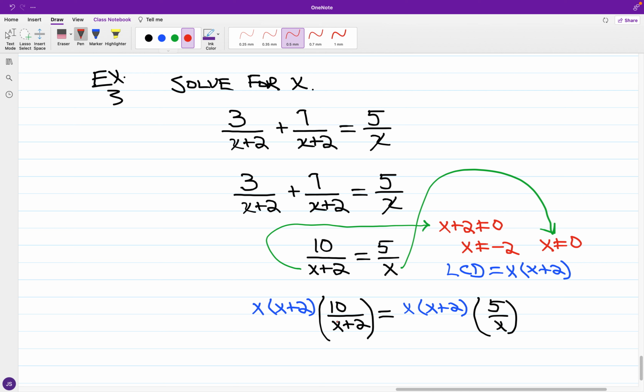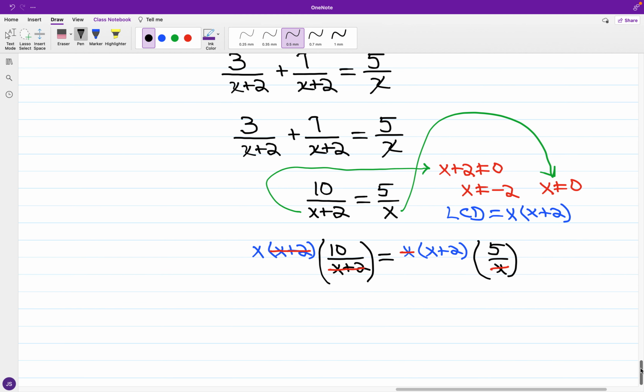Notice that in taking the products between the least common denominators and the ratios, on the left hand side we have x plus 2's to cancel, and on the right hand side we have x to cancel. So on the left we have x times 10, or 10x, and we have this equal to 5 times the quantity x plus 2.